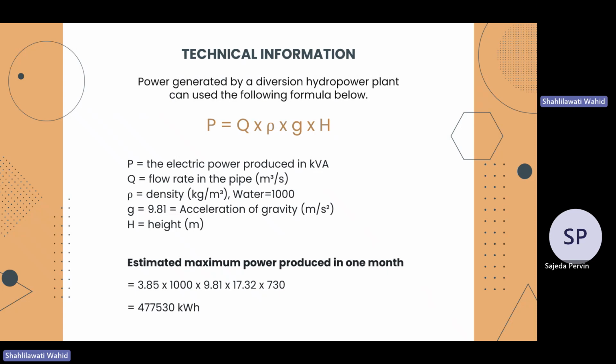The estimated maximum power produced in 1 month will be around 477,530 kilowatt hours, which will be sufficient to supply all of the houses there, which is around 50 houses.